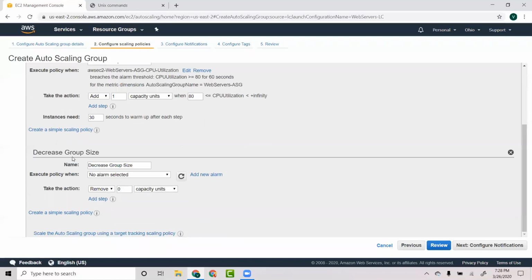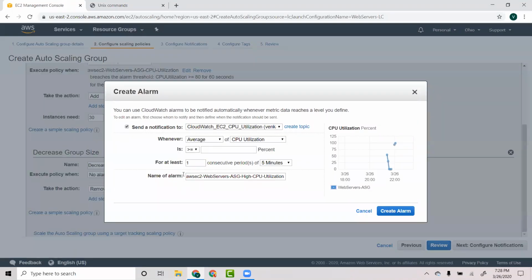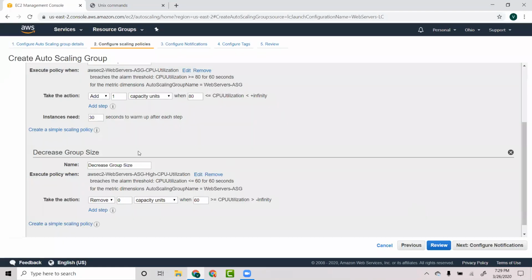And now let's talk about scale in. Decrease your group size. Let's go ahead and create a new alarm, and send this email. If maximum of CPU utilization is less than or equal to, let's say, 60% for at least one time within 1 minute, create alarm.